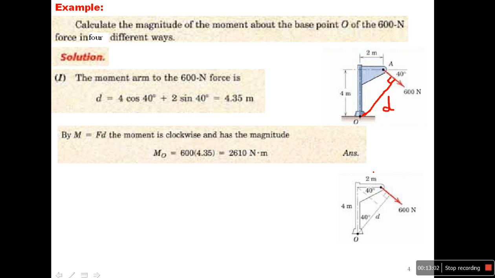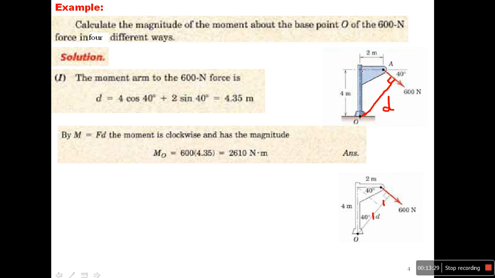So now D, this one, is equal to this distance plus this distance. Now, this angle is equal to that angle.